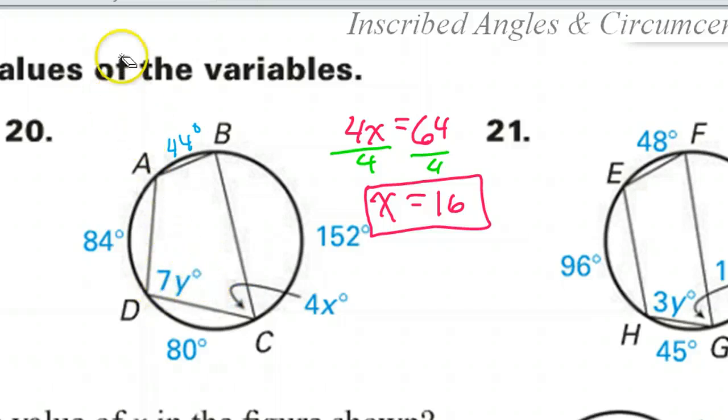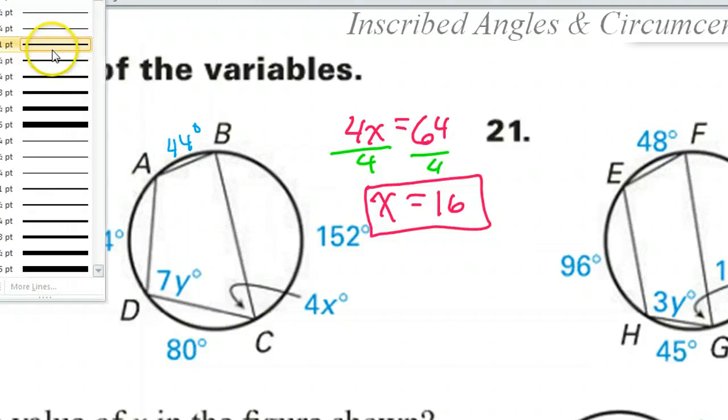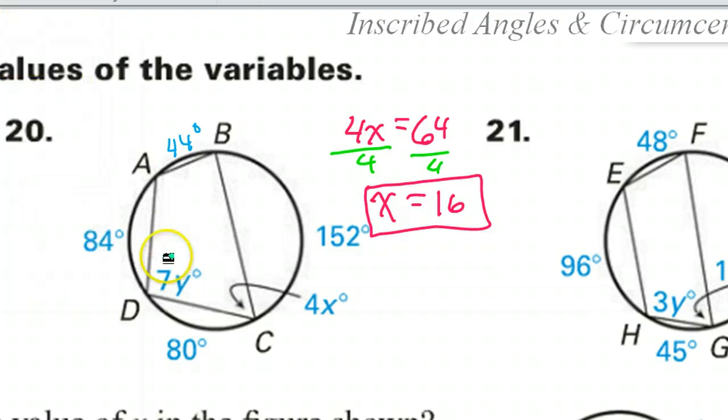Okay, let's see. If you look at the angle where the y is, alright, angle D. Alright, look at this angle. Now, let's look at the intercepted arc, which goes from here to here. So this is the intercepted arc. Alright, now we know that this arc is twice as big as this angle.